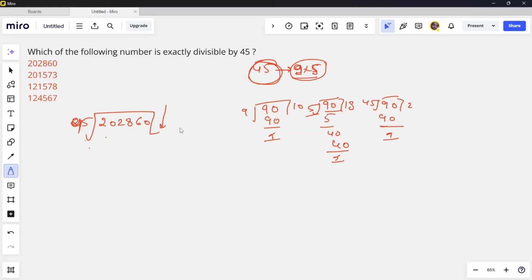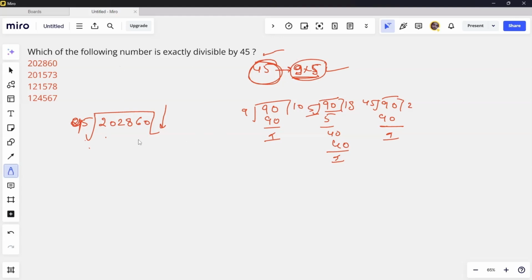So we will simply check if a number is divisible by both of these numbers. We do not need to divide each number by 45 to check whether it is divisible or not. If it is divisible by both, that will be our answer. And the divisibility rule of both these numbers is really simple.